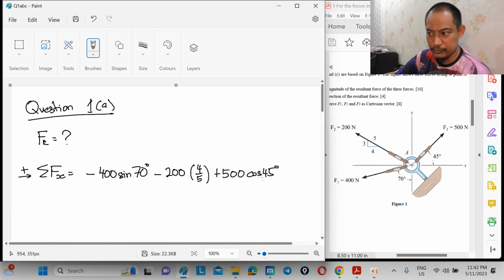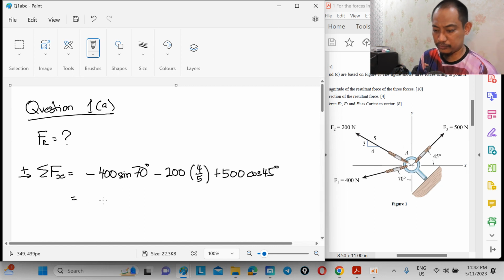Now for 45 degrees, cos and sine are the same, but it should be consistent with the diagram. If the diagram has the angle over here, this should be the cos and this should be the sine. Otherwise, we do not know whether you are doing it correctly or you are just lucky.